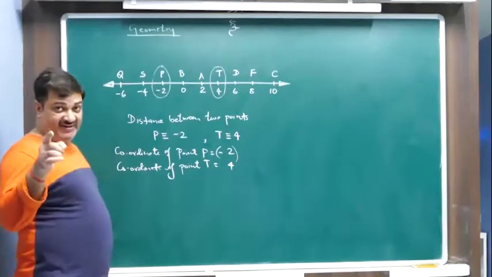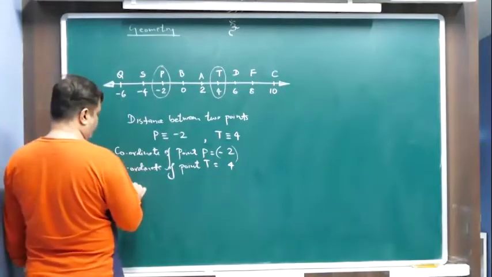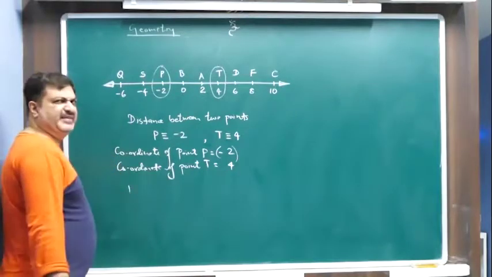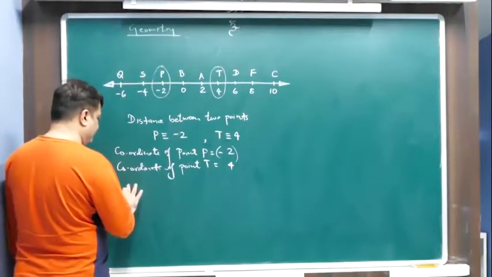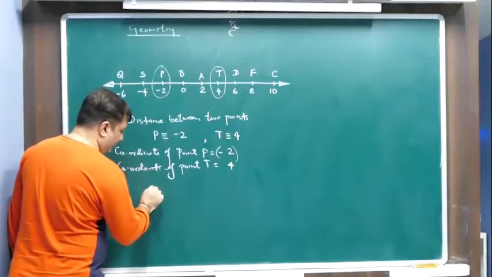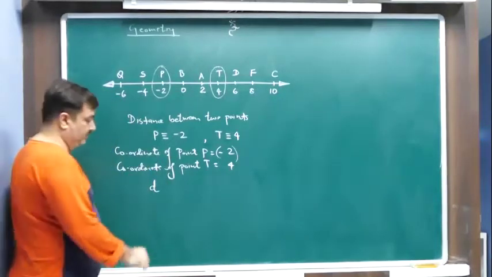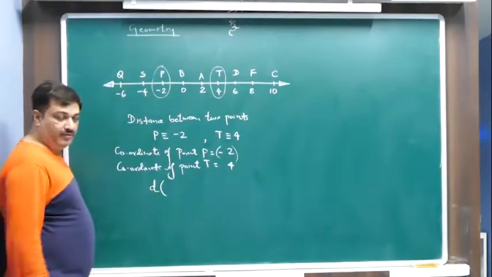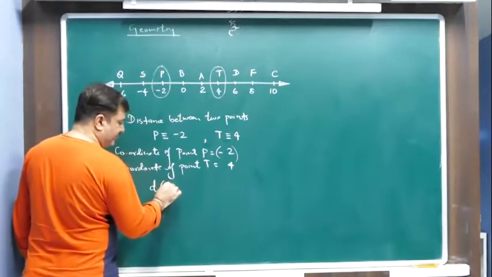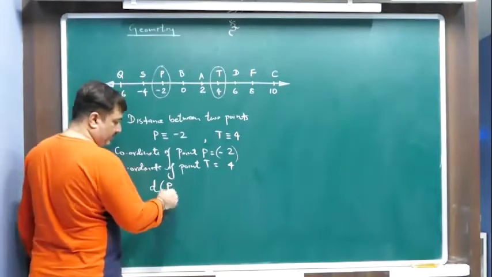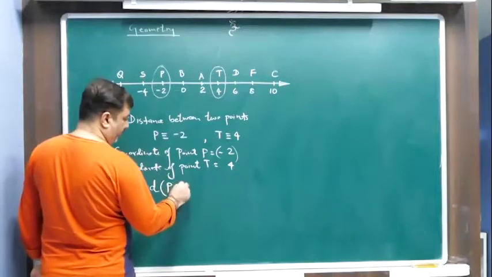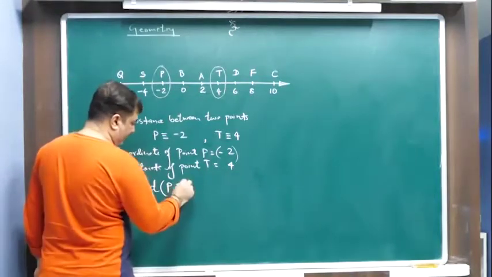Now you want to find distance. So how to find distance? How do you represent distance first? Distance is represented like this, pay attention. Small d, bracket open, first point which is P, comma, second point T, bracket closed.